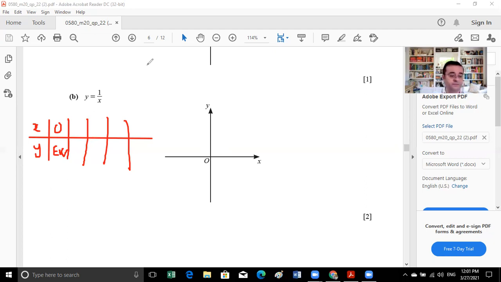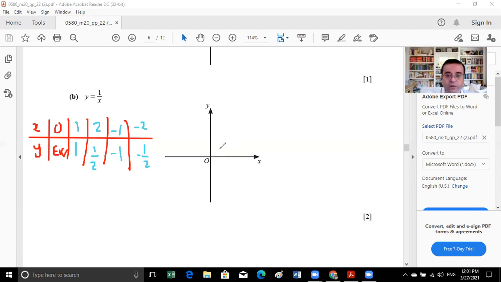Take 1: 1 over 1 is 1. Take 2: 0.5, 1 over 2. What else? Take -1: -1. Take -2: negative 0.5. At 0 there is no solution, so that doesn't intersect.